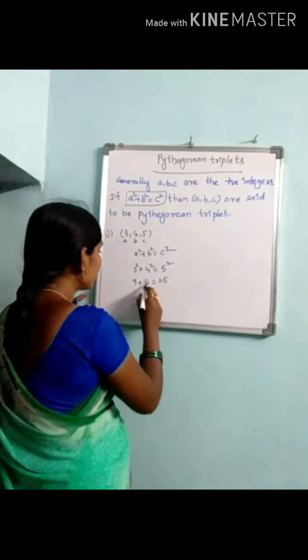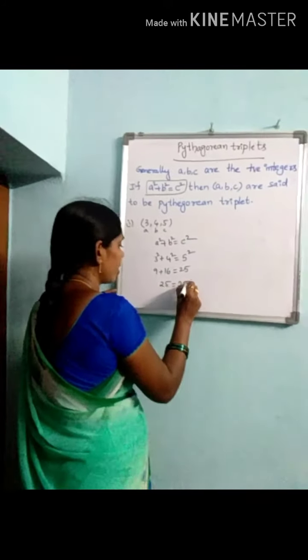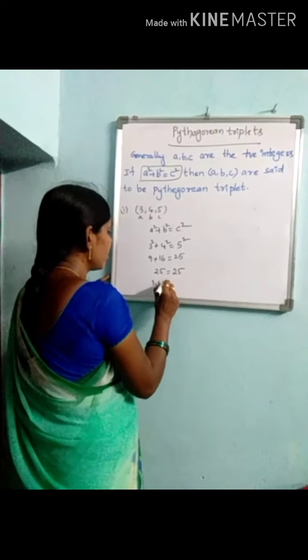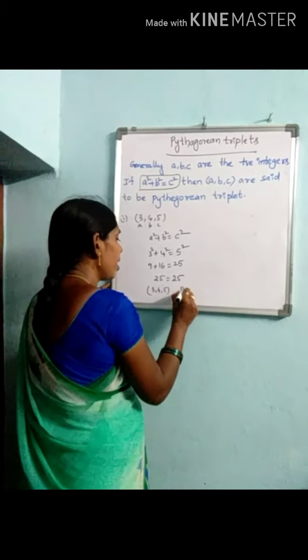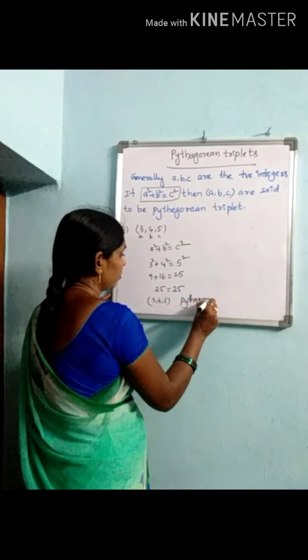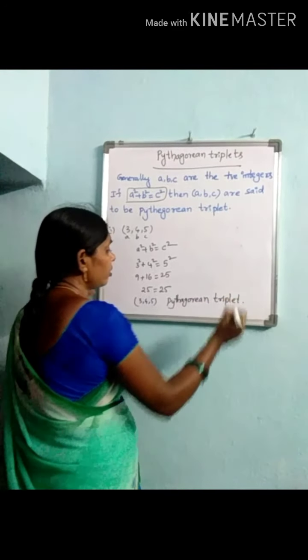Now 16 plus 9 is 25, equals 25. So this 3, 4, 5 is said to be a Pythagorean triplet. Are you understanding?